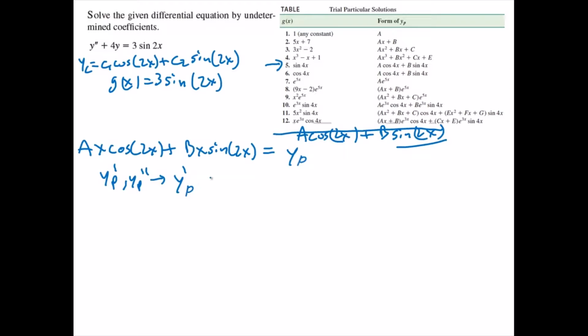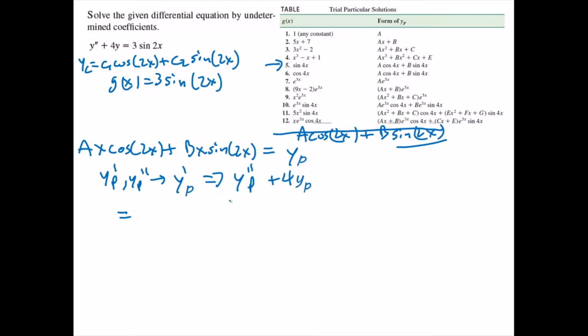And so for that, we can easily just use our product rule and differentiate. So we can find y prime sub p, and then we can also find y double prime sub p, and y double prime sub p plus 4y sub p. If we evaluate that, we'll wind up with the following.